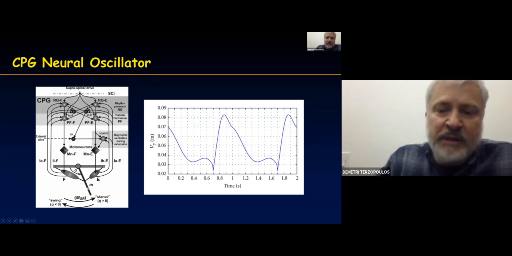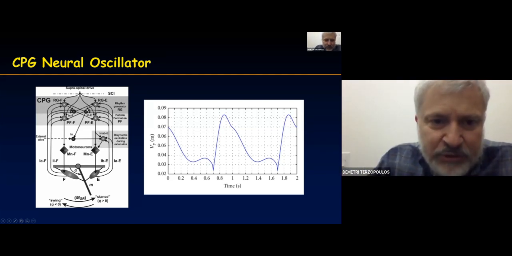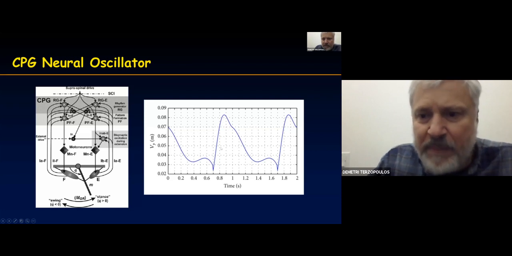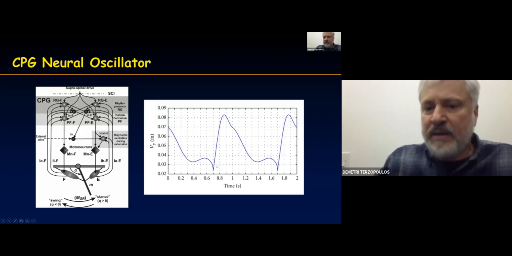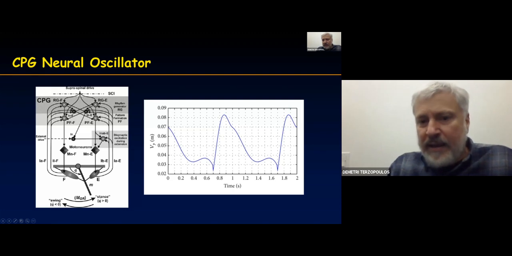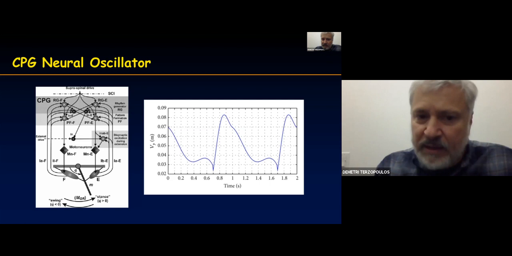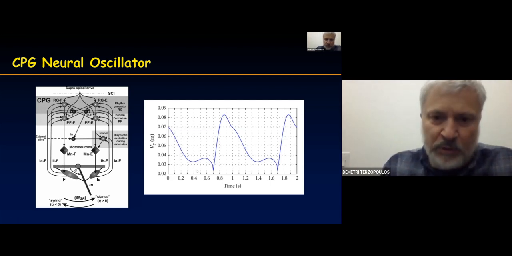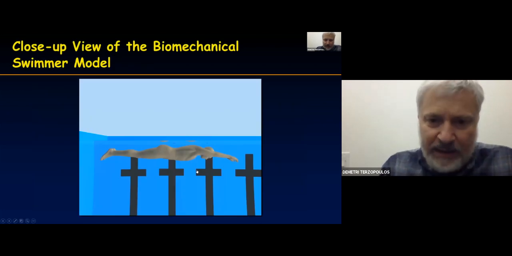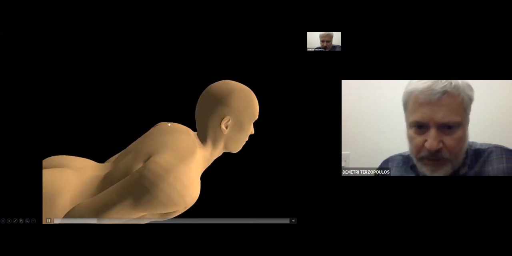Think of it as a leg, and you're going to take steps with that leg. What these neural circuits do is generate rhythmic patterns, like the one shown here. They're not perfect sinusoids, but you can modulate this, and you have control over amplitude, frequency, phase, and so on, and the waveform to some degree using these central pattern generators. So that's what we employed in the swimmer. And here you can see our swimmer.